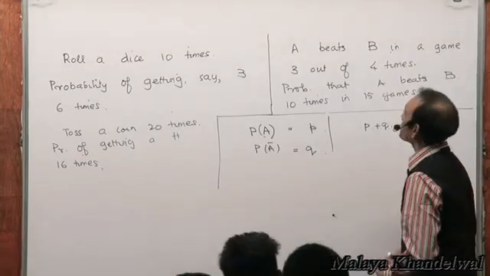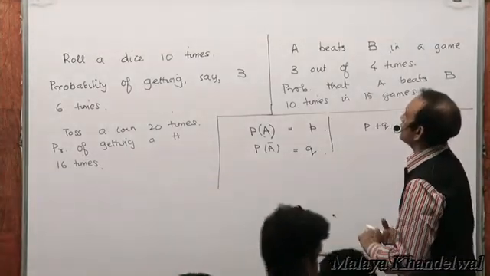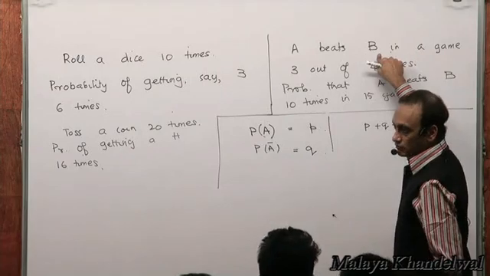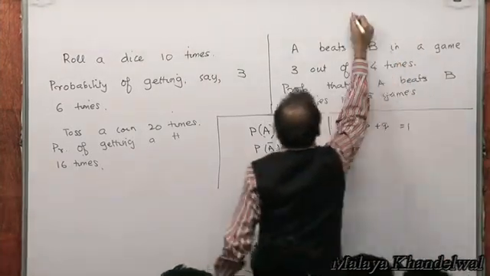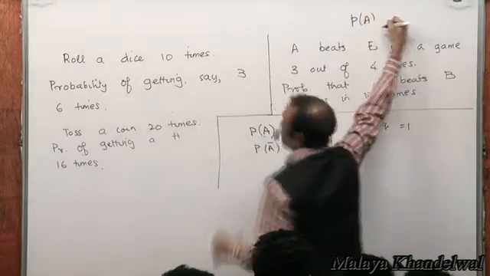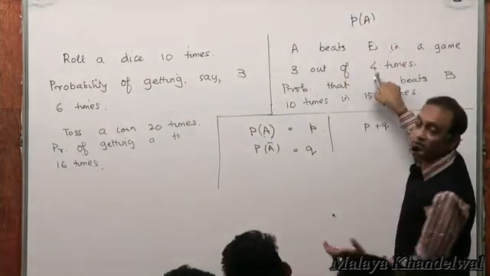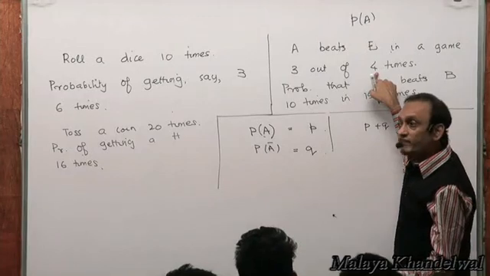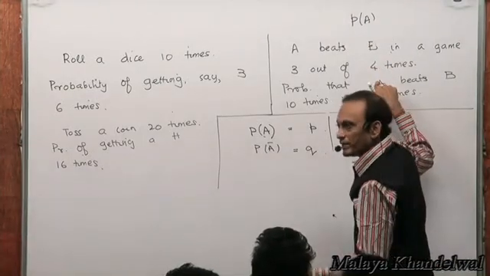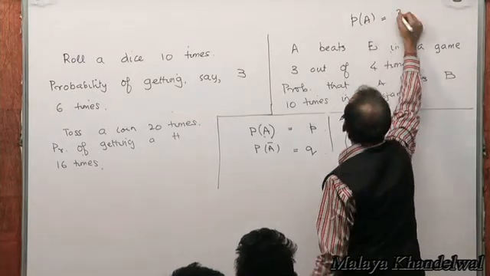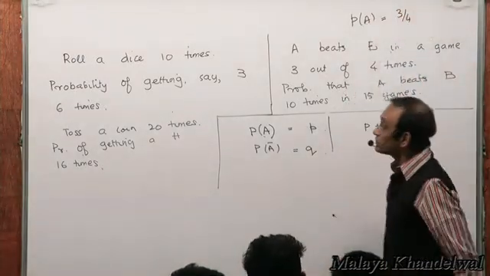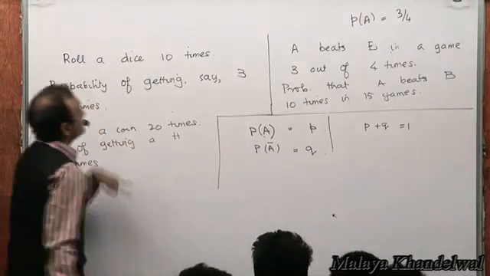In this case, the event is A beating B. The probability of that event in one trial is very clearly 3 by 4. In this case, what's the event?